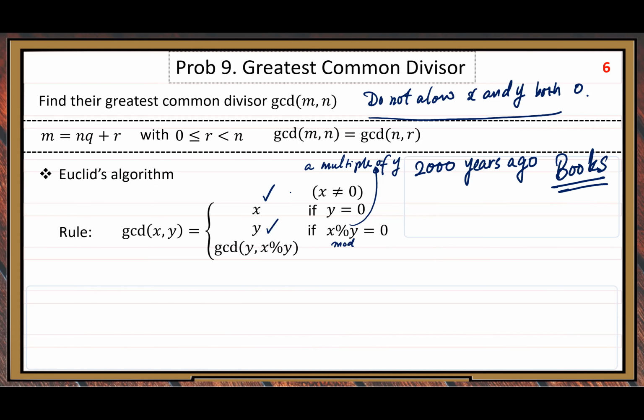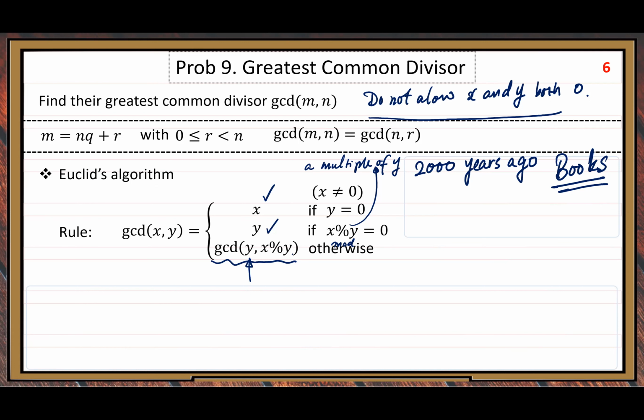Otherwise, problem size reduction. We put y as the first variable in GCD, and the second variable we use x mod y. The size is reduced in that way.